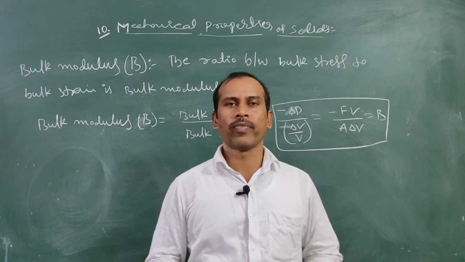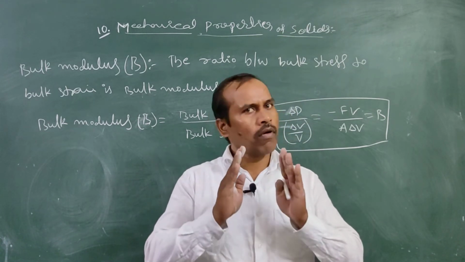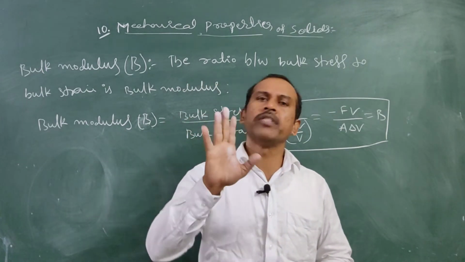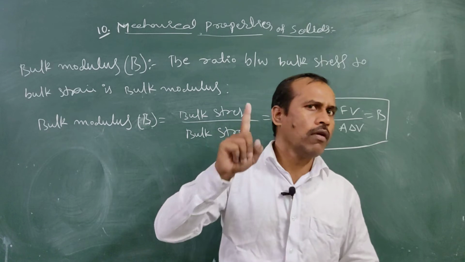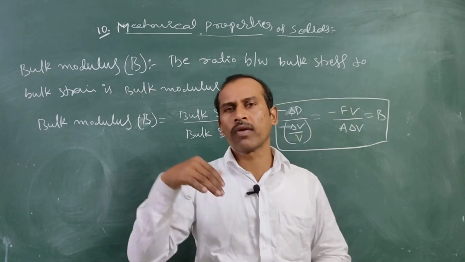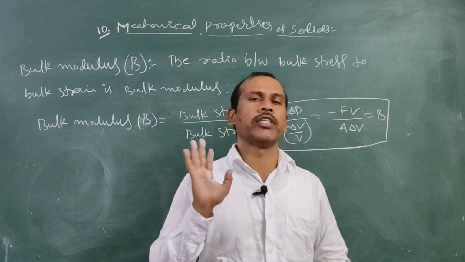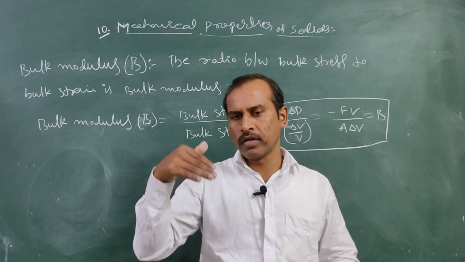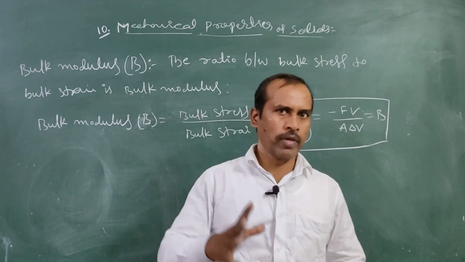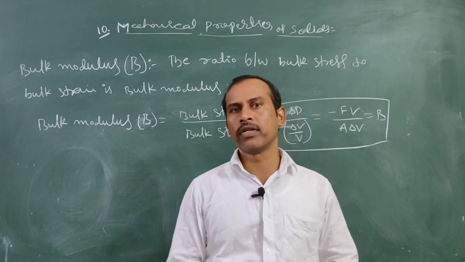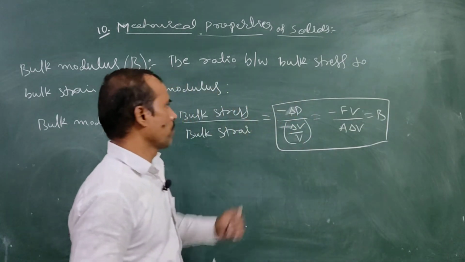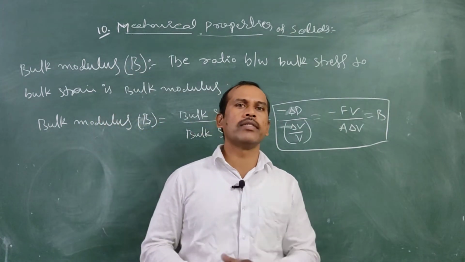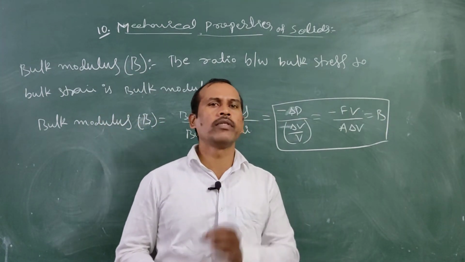So in this process, the shape is constant, the volume changes. The shape is constant, that is, the starting shape stays the same afterwards, but the volume changes. The pressure acting on the solid or fluid decreases the volume. The negative sign indicates the pressure increases while the volume decreases.